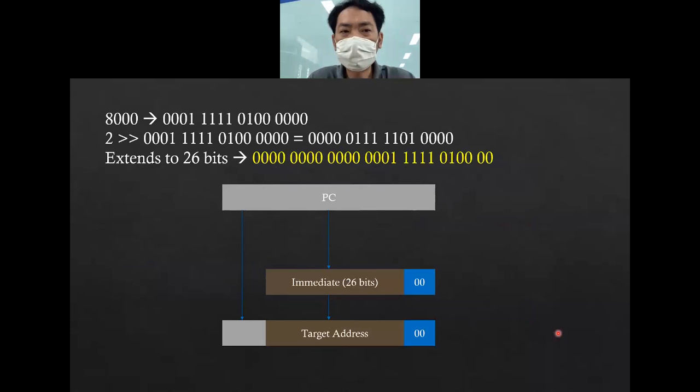The immediate is the same as the last immediate, but instead we just take where we jump to, the target address. As the operation name is jump, we just jump into the target address.